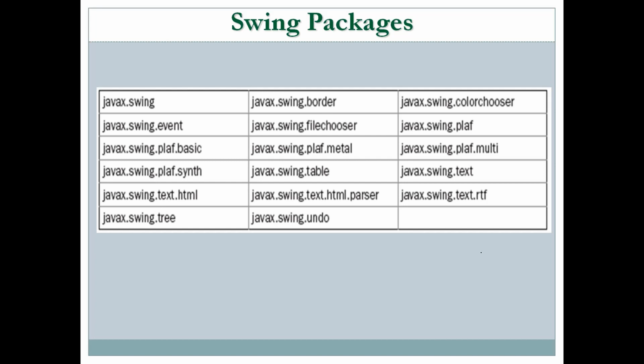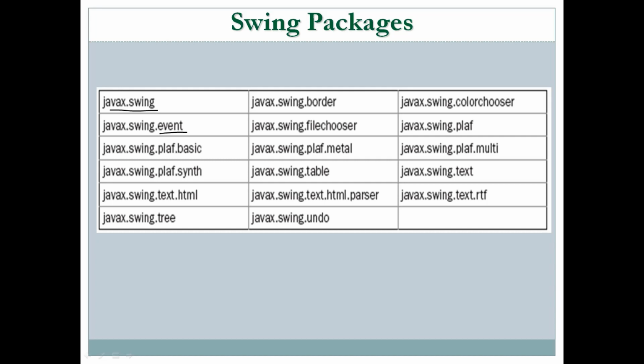One important package which we will be using in all of our Swing programs is javax.swing. This javax.swing includes all the important components and containers required in a Java program. Apart from that, we have a package called event, which can be used to handle events specific to Swing.